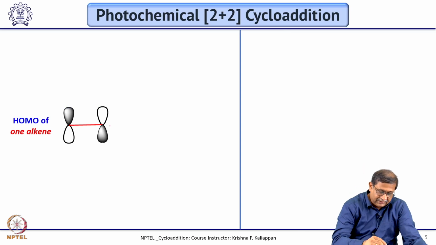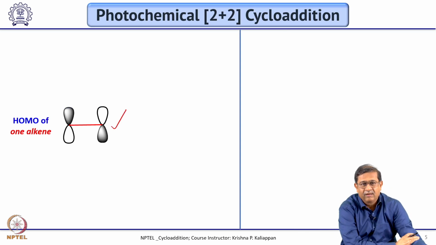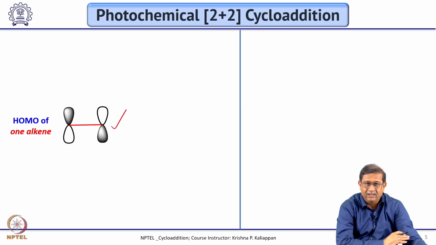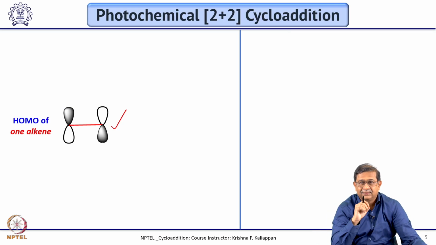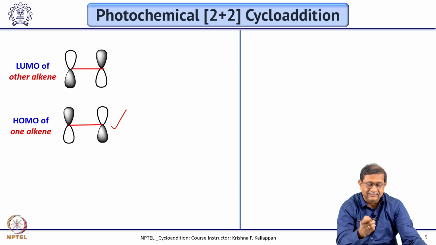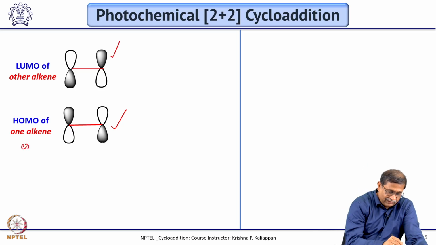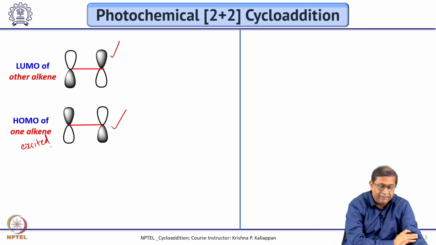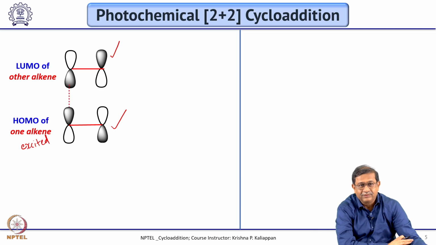Now this is the HOMO of one alkene, because once it is excited, the highest occupied molecular orbital is pi star. Whereas the LUMO of the other alkene, which is not excited, is this. So this is the excited one. Now these two can easily form a bond on both sides.